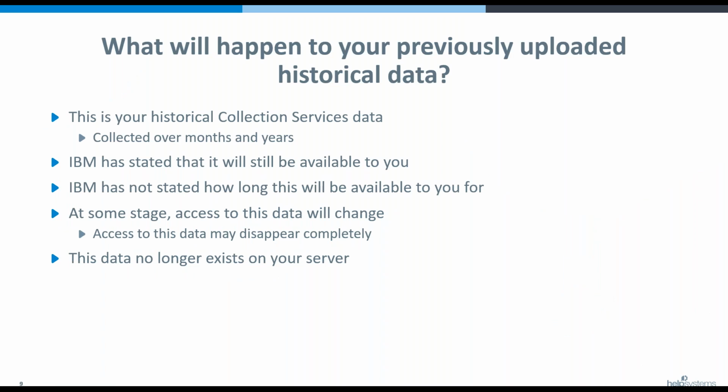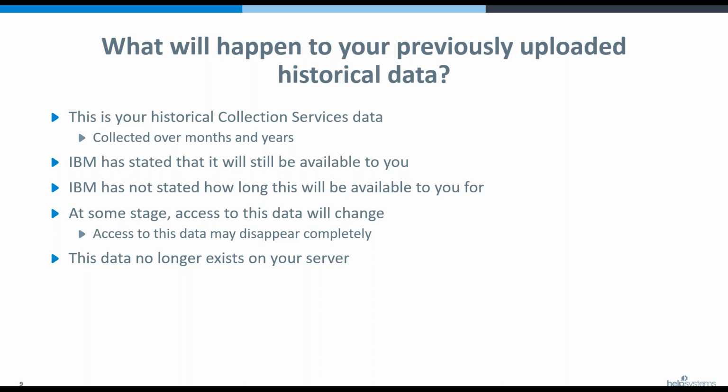The historical collection data that's been going on for years is technically your data, and I don't want to spend too much time on here because really the service has gone away. It wasn't something that came out of IBM Rochester per se. It was managed by a different group within IBM as a service. As they've stated, your historical data should still be available to you, but they haven't stated how long and in what format.